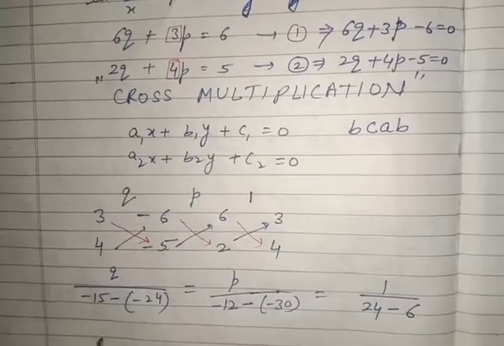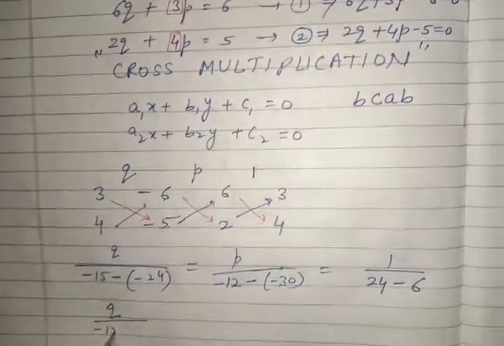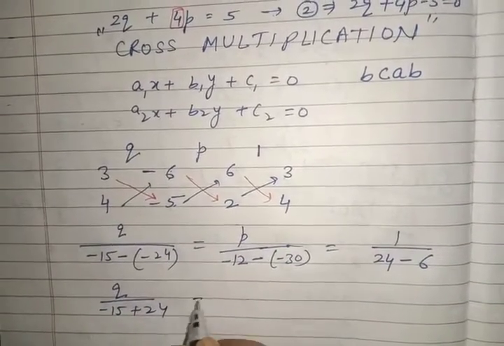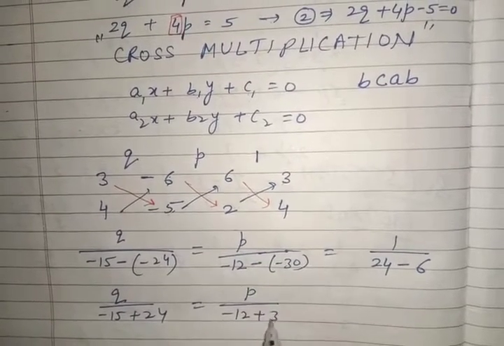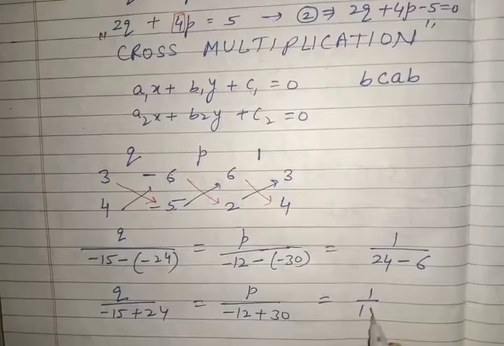So we'll get q upon minus 15 plus 24 is equal to p upon minus 12 plus 30 is equal to 1 upon 18.